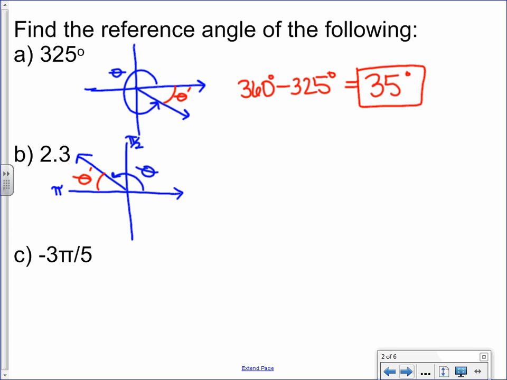Okay. How am I going to figure out what that reference angle is? Right, okay, notice how these two angles form a line. They're supplementary. So if these would add together to be pi, I can take pi minus 2.3 to get the measure of our reference angle. So what's 3.14 minus 2.3?